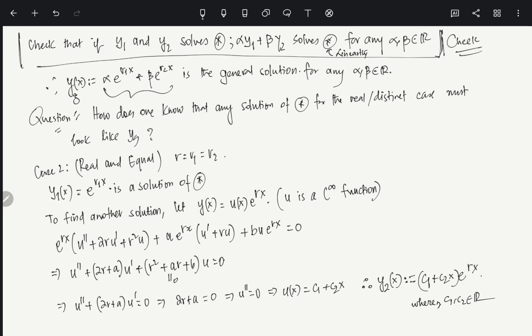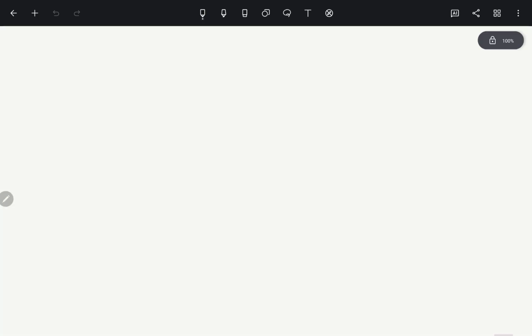Now, what is the general solution in this case? The general solution y g is alpha times y1 plus beta times y2, as I told you. So it is alpha times e power r x plus beta times (c1 plus c2 x) times e power r x.